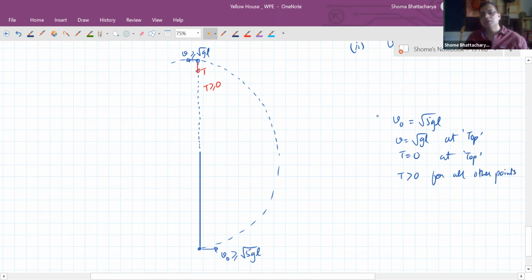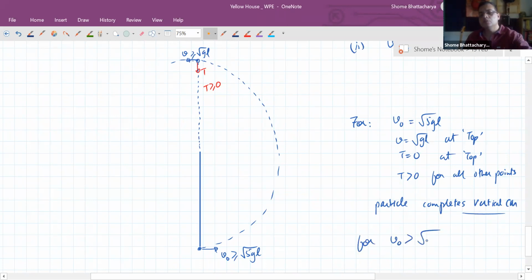So the particle completes the vertical circular motion. For V naught greater than root 5 GL also, there is no problem, because then V at the top is greater than root GL.